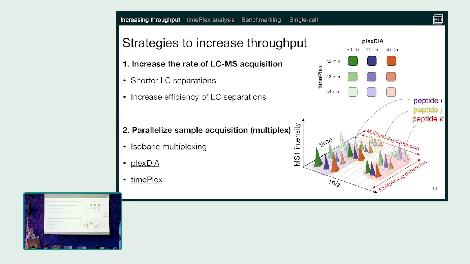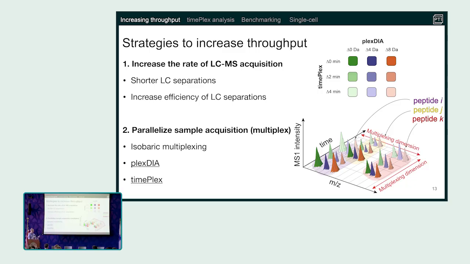Now what's really, I think, very cool about this approach is that it's orthogonal to the mass dimension, which actually means that you can do both. You can multiplex in this mass dimension with plexDIA, and you can multiplex in the time dimension with timeplex. And so effectively you have a 3-plex DIA, and you have a 3-timeplex that gives you a 9-plex.